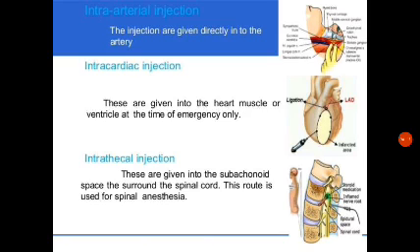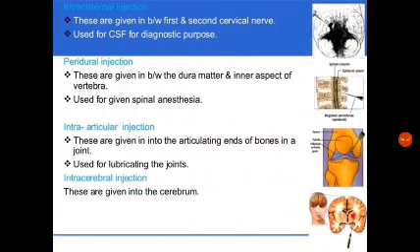Intrathecal means into the subarachnoid space surrounding the spinal cord, commonly employed for giving spinal anesthesia. It is also used for CSF collection for diagnostic purposes.